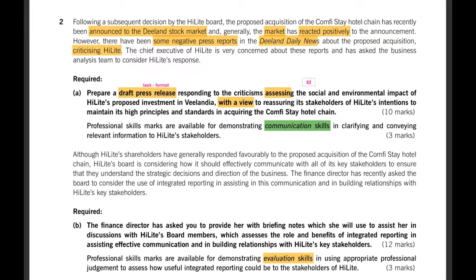That would be social and environmental impact, which would be related to your syllabus.